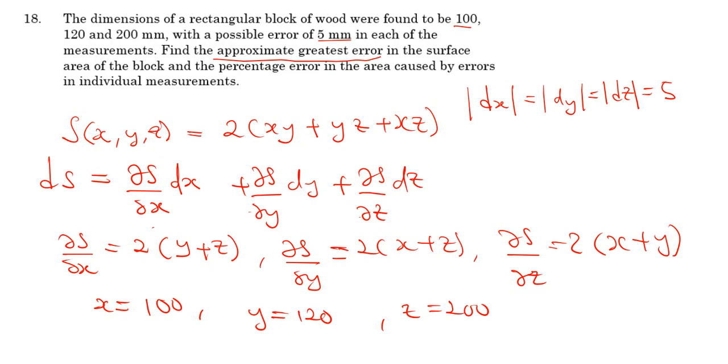The greatest approximation of the error is going to occur when each and every term contributes positively to the total change. That happens when all these dx, dy, and dz are equal to the positive 5. They'll contribute when it is like that.